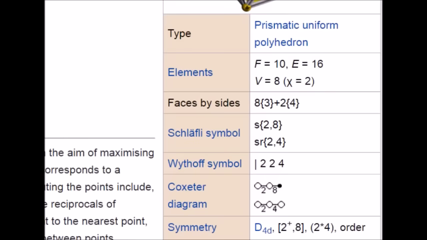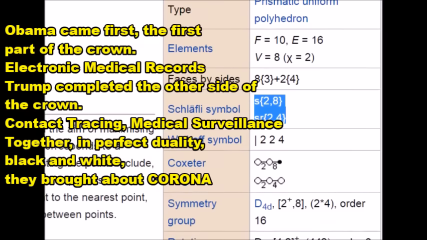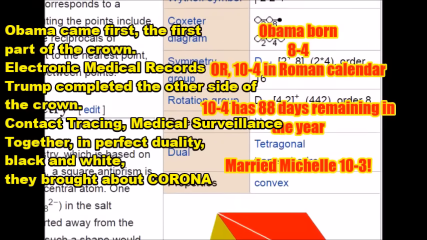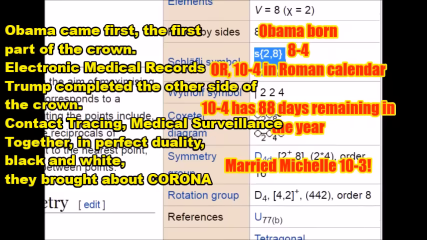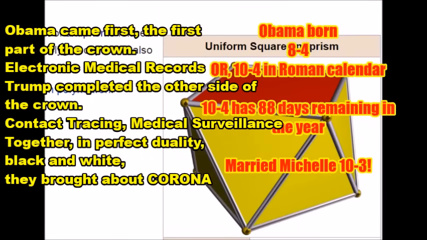So you see, not only does the square antiprism contain the 44, but it also contains the 88, which is why Obama was from the 88th parallel, Chicago. He was the one who brought this tower to bear, opening under his presidency. So you see, nothing is by accident. Nothing. And if you have eyes to see, you begin to understand the truth.